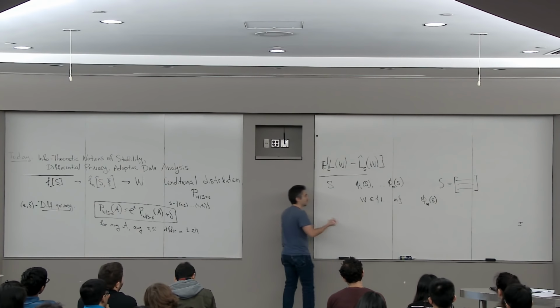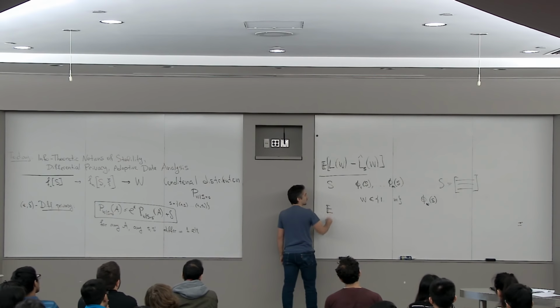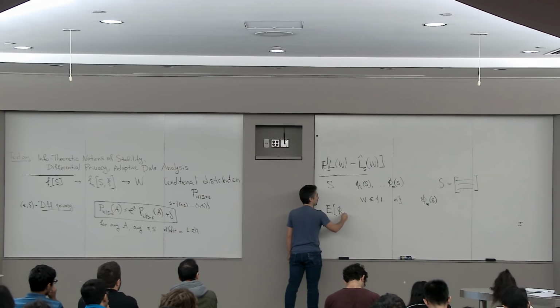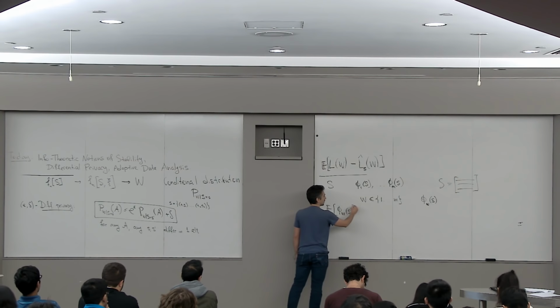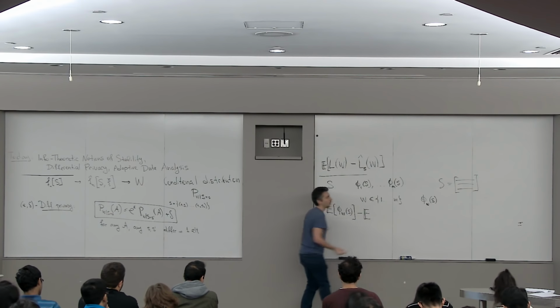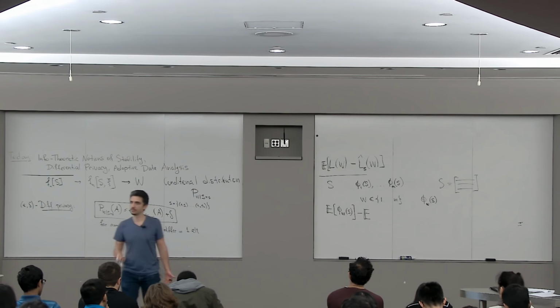So let me outline the issue. You look at the expected value of phi sub W of S. And now you compare it to the unbiased version of this.